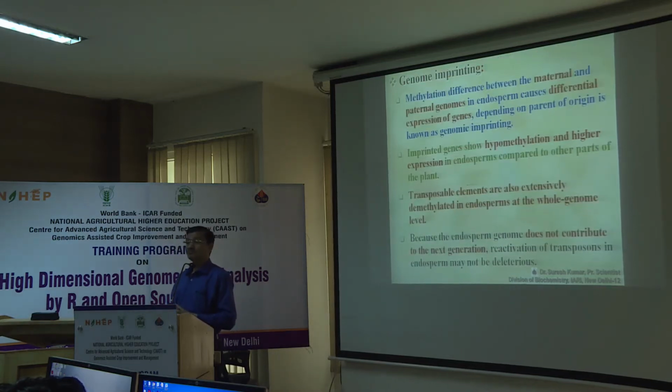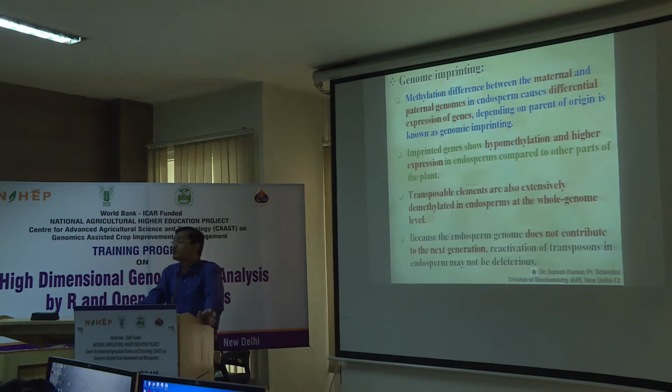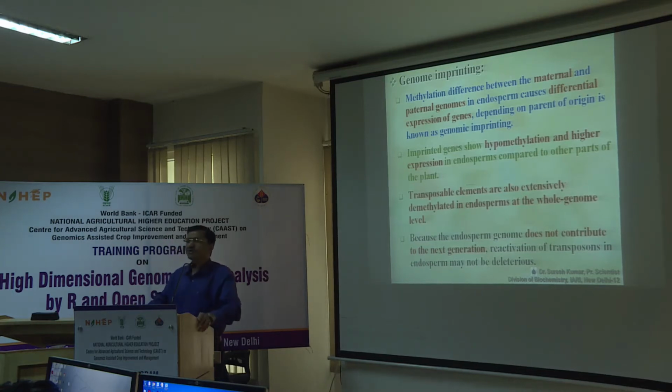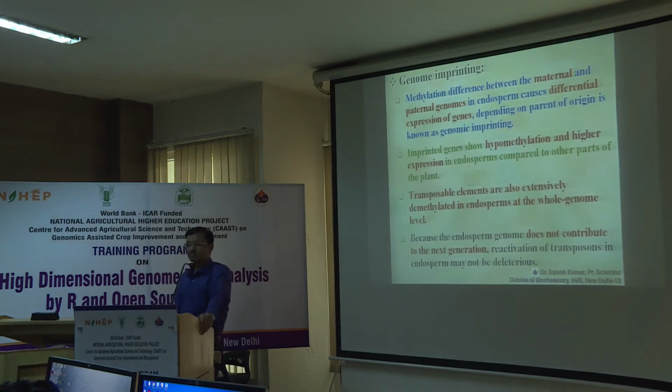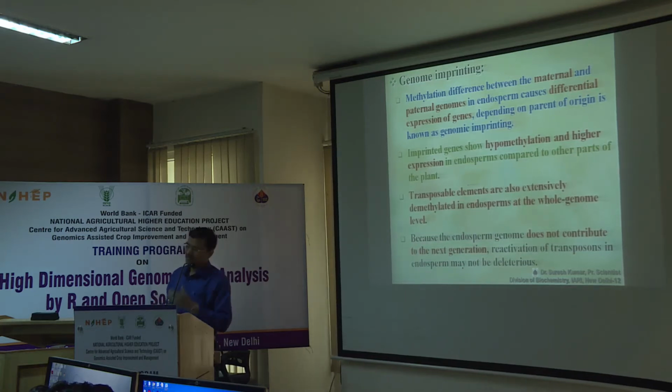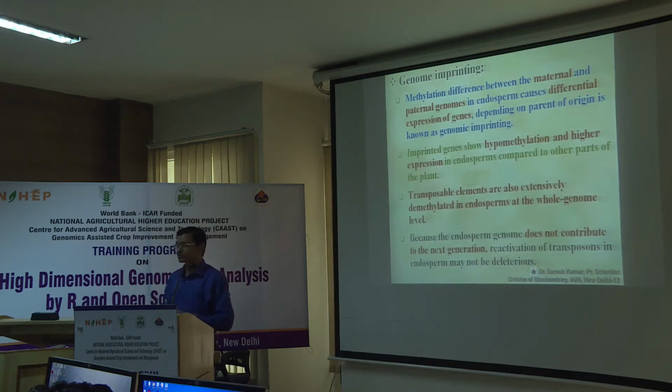Genome imprinting. If you know what genome imprinting is, I will tell you a little bit, but our target is to give the importance of epigenetic changes and genome imprinting. You know that in the endosperm, 3 sets of chromosomes are there, 2 sets coming from the mother and 1 set coming from the father. And if you see, either of the genomes is expressing, either mother's or father's, but not both.